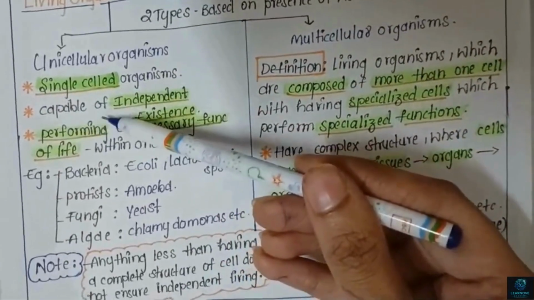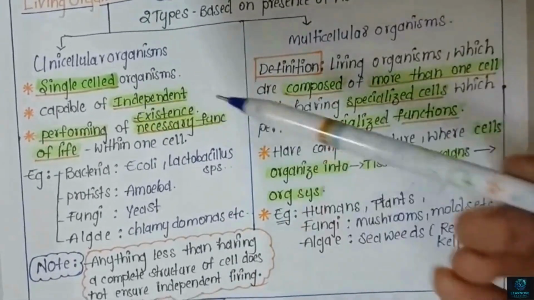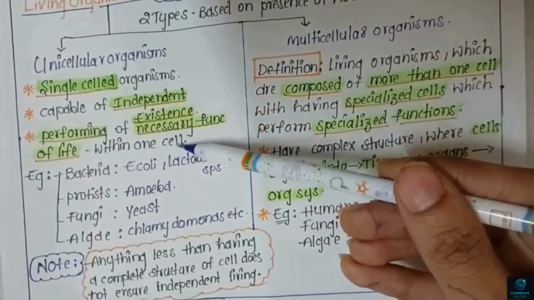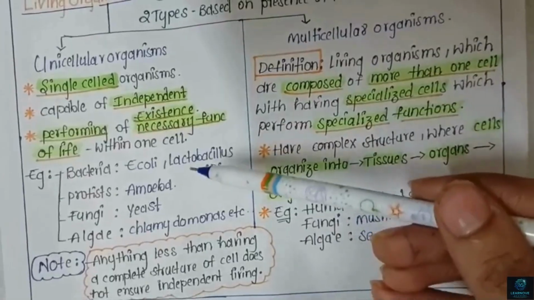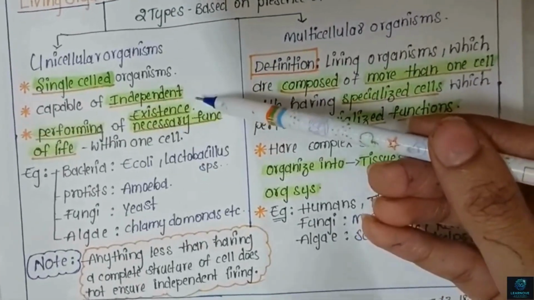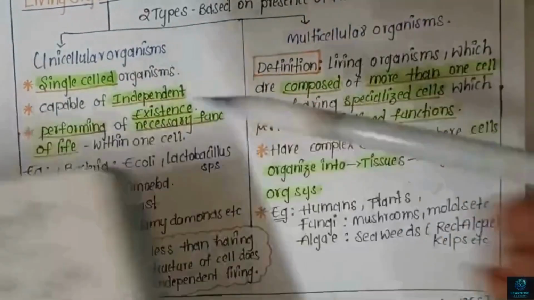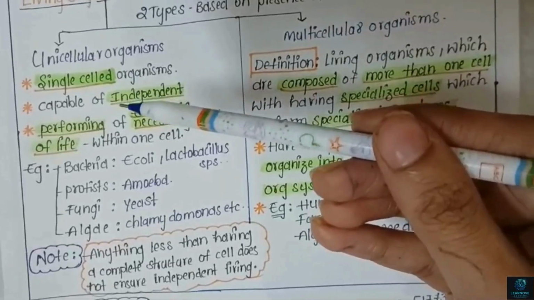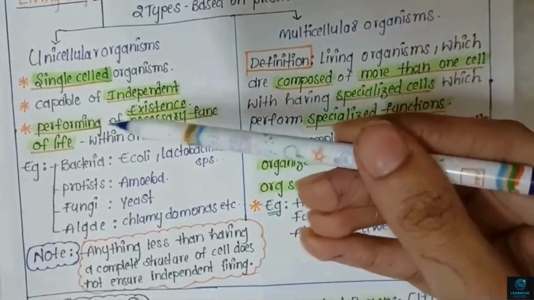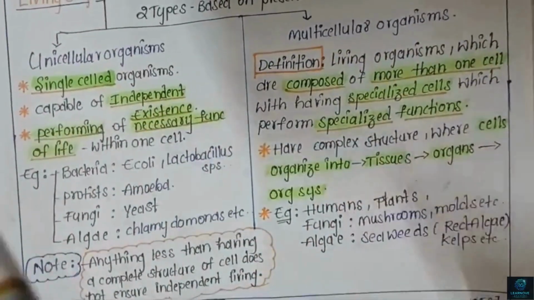So these are also known as single celled organisms, which are capable of independent existence and performing all necessary functions of life within one cell. Here, independent existence means they can survive performing all essential life functions like metabolism, reproduction, and response to external stimuli without relying on any other cells.